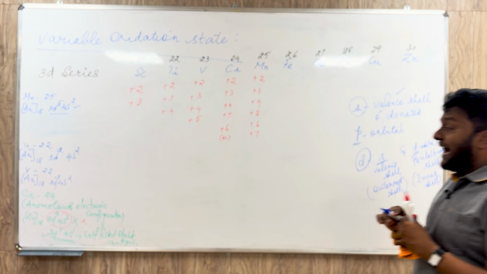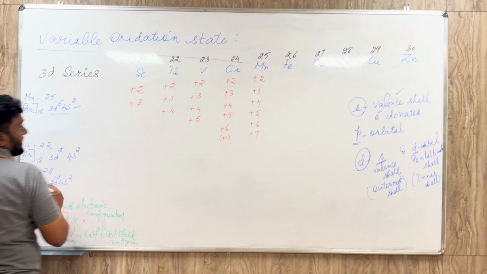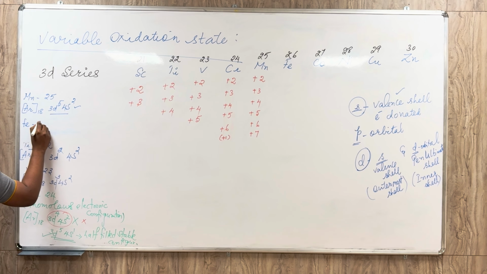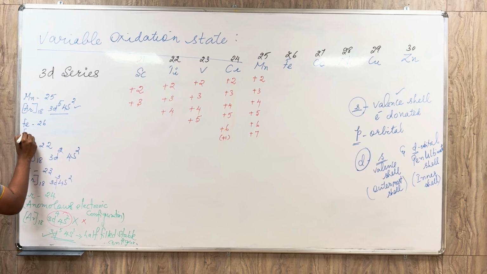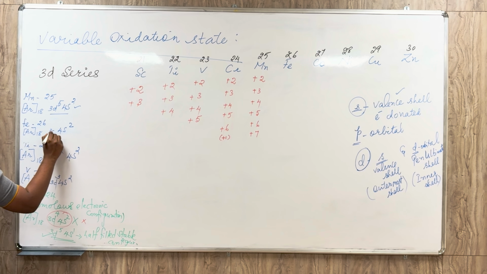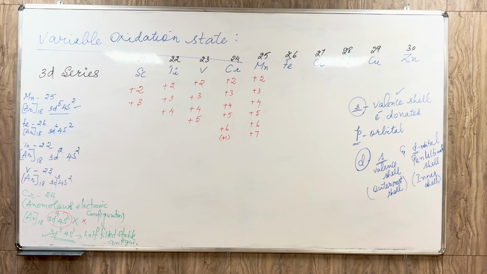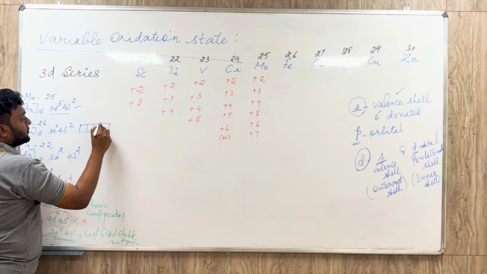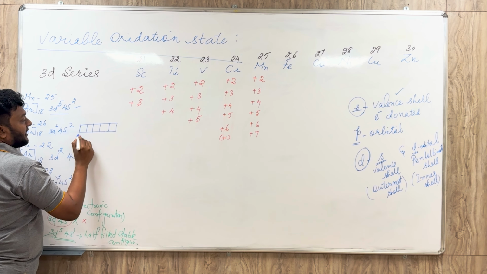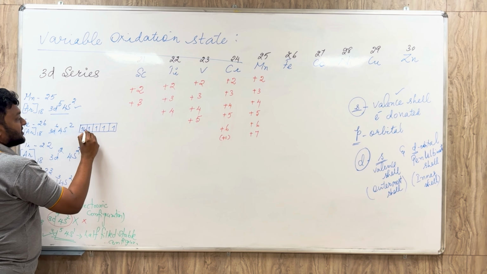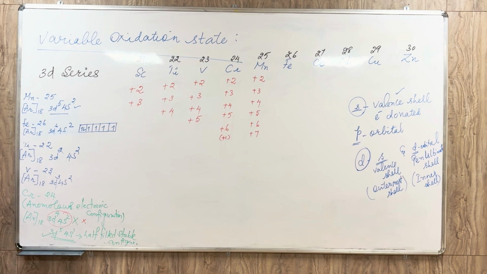Now coming to iron, Fe. The atomic number is 26. The nearest noble gas configuration is argon, then 4s 2, 3d 6. So 1, 2, 3, 4, 5 and 6 electrons are present in the d orbital.